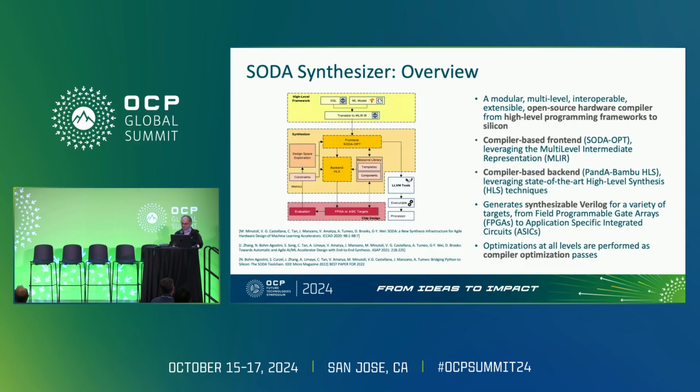Our solution, we call it the Soda Synthesizer, software-defined architecture of accelerators, depending on what is the specific target. It's a modular, multi-level, interoperable, extensible, open-source hardware compiler that goes from whatever programming frameworks to silicon. It uses the multi-level intermediate representation to build a compiler frontend that we call SodaOpt.